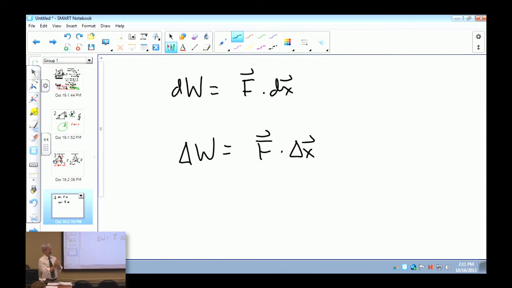Yes, sir, Mr. Flanagan. Top one is instantaneous. Infinitesimal. So when we were developing calculus, we used delta x to represent a difference in x, a change in x from one place to the other. And a dx represents the limit of delta x getting really small.